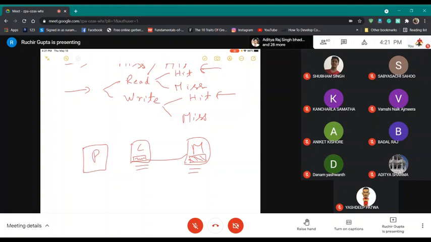So there are two ways to handle this problem. One is you can use the write through mechanism, and another is write back or copy back. Anybody aware of these two things?